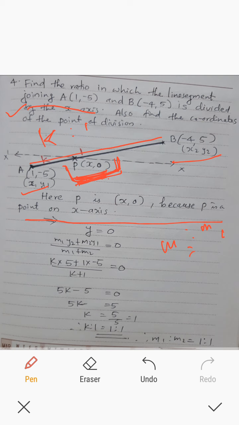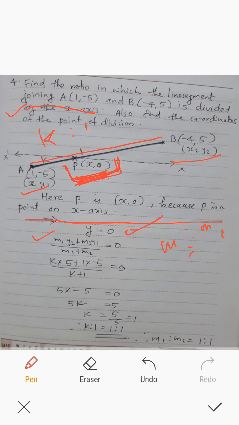So we start with the constant, that is y equal to 0. If we start with the x coordinate, we have to write x equal to x, so we will not reach anywhere. Start with the constant coordinate, so y equal to 0.